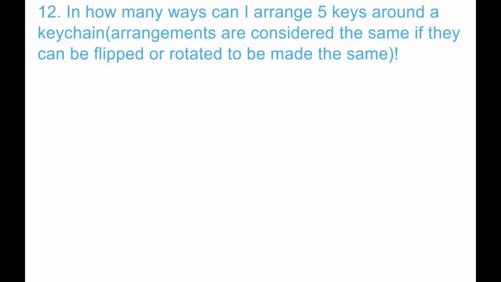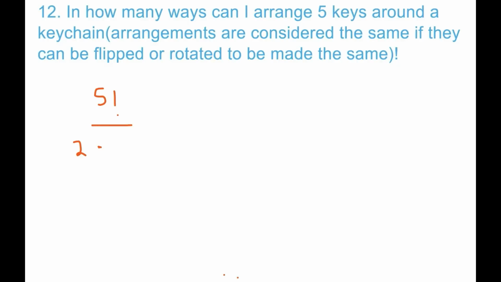So, to arrange 5 keys in a row without any regard to putting it around a keychain, there's 5 factorial ways. If you don't know this, then be sure to watch our video on factorials. It goes over this type of math. Since each arrangement can be flipped, we divide by 2 to account for that, since arrangements are considered the same if they can be flipped or rotated.